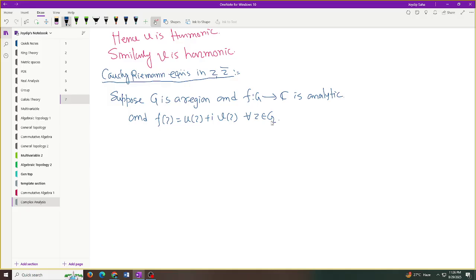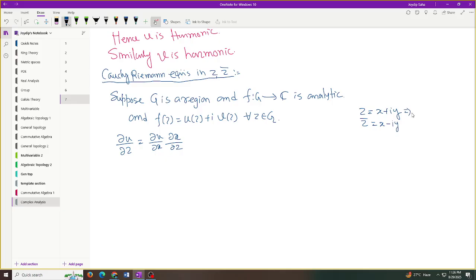Okay, so we just list down what this is by chain rule: del u, del z, del u, del x, del x, del z, where z equals x plus iy, z bar equals x minus iy.